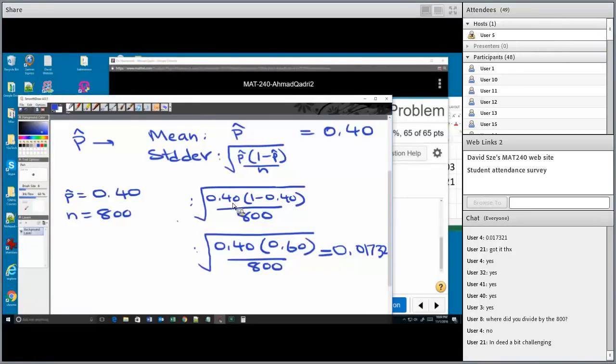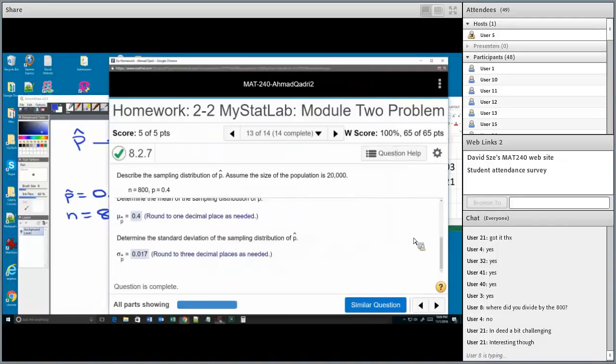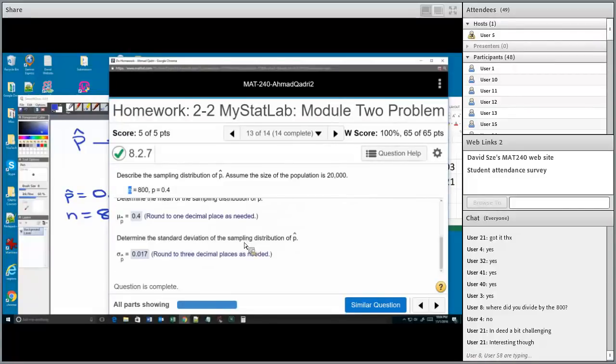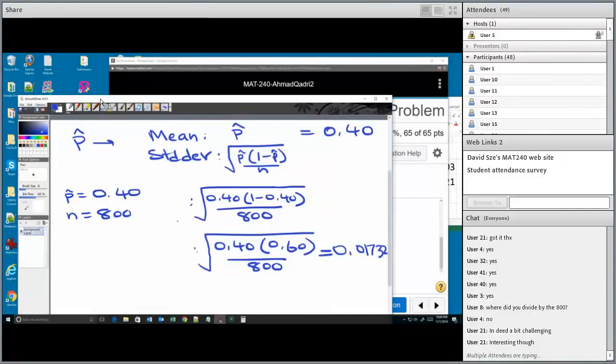P hat is 40%, 1 minus p hat is 60%, divided by 800. 800 is my sample size. It's given in the problem right here. N equals 800. So it's just a matter of writing down the formulas and then plugging in the values.